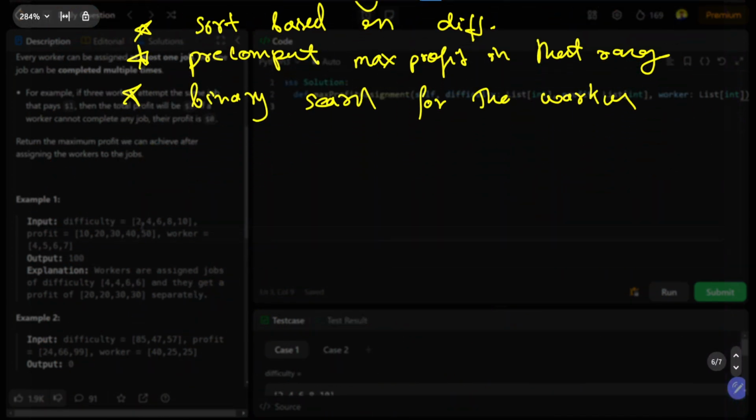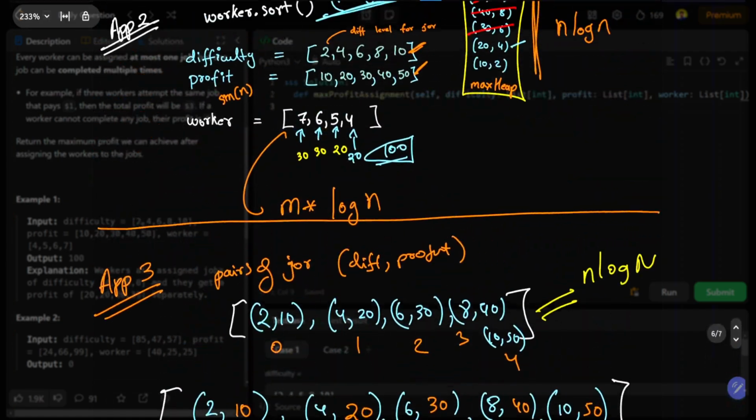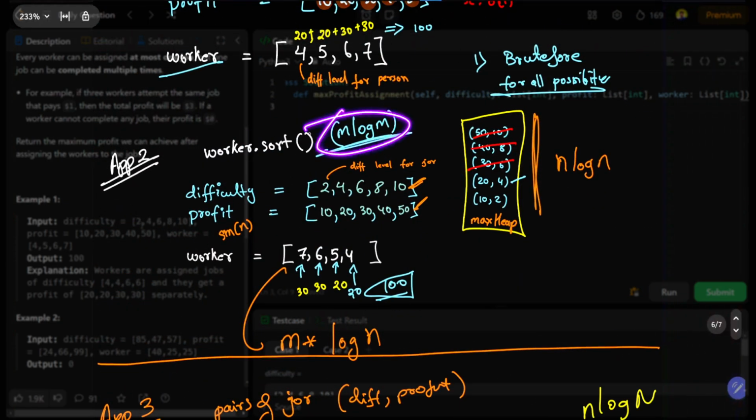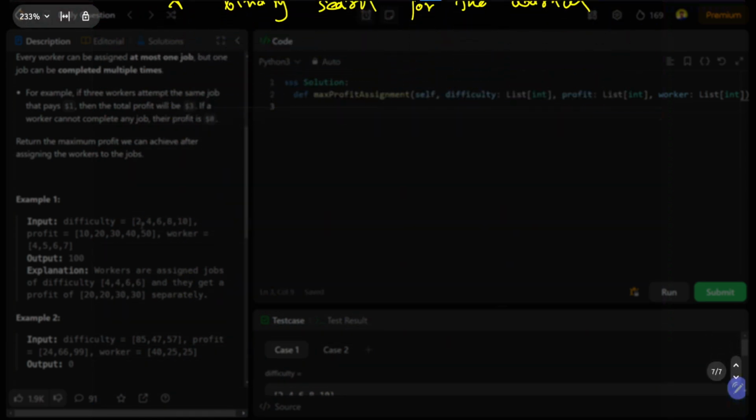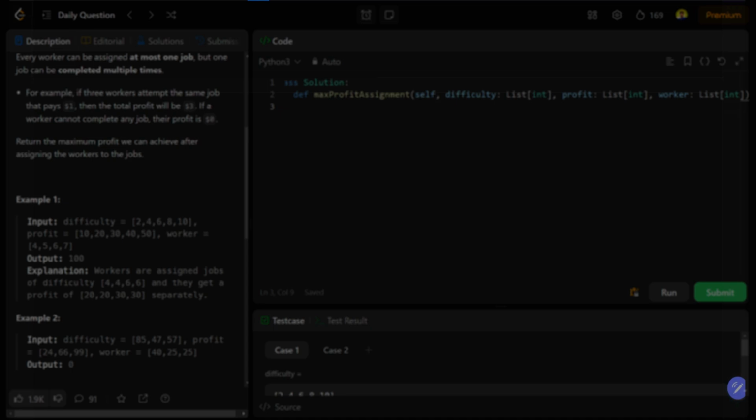Now, if you say okay, I might be using the same thing again and again, I will be using a third approach. In my third approach I will be sorting both the arrays. It is a bit more optimized approach.